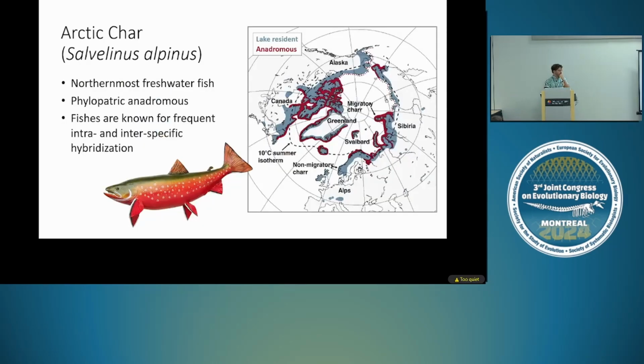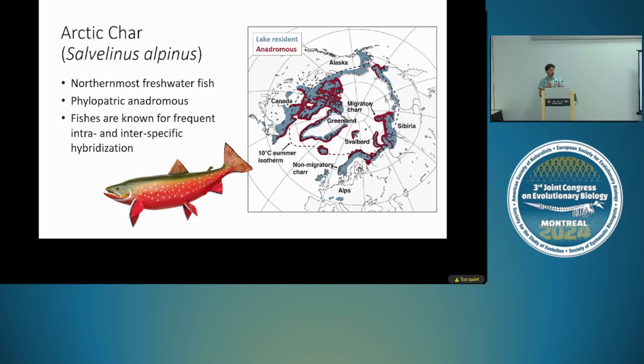So here I studied Arctic char, which is the northernmost freshwater fish. I think it's very interesting in its distribution. It's all over the world, all around the globe, and obviously has been drastically impacted by glaciations. There are a lot of different lineages that meet up all around its distribution.